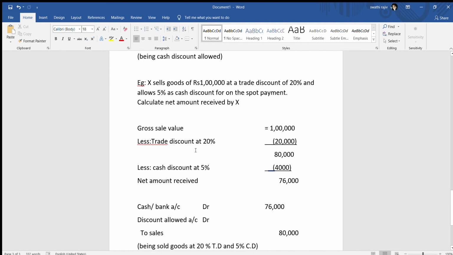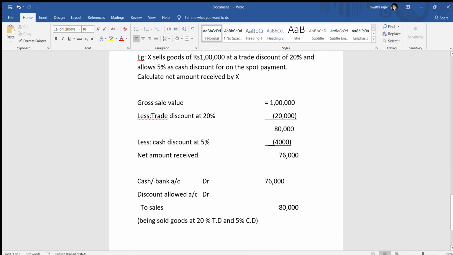Now less trade discount. Whenever there is trade discount and cash discount, you will always use trade discount first. You always have to calculate trade discount first and then cash discount. Trade discount at 20% is 20,000. So the net sale value will be 80,000. Less cash discount.